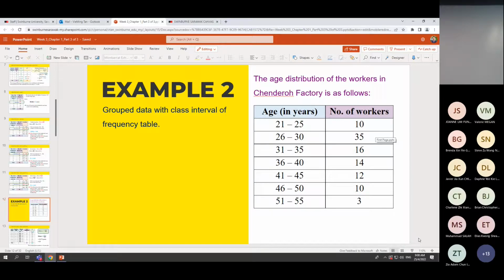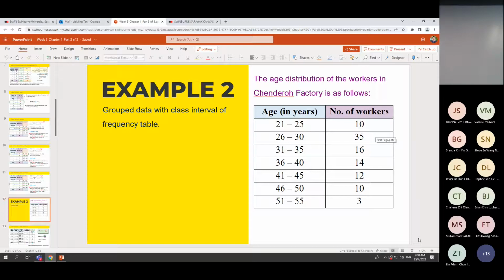Today we are going to learn how to analyze all these grouped data in a different way. We are going to study how to calculate the mean, mode, median, standard deviation, variance, and CV that you already studied last week.